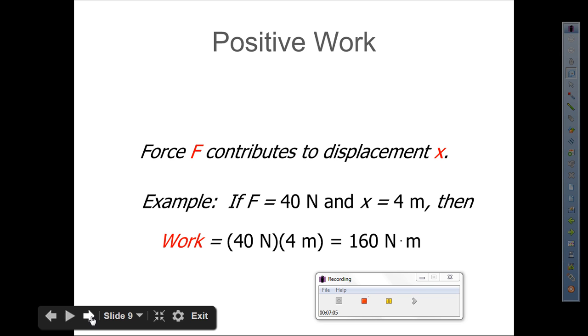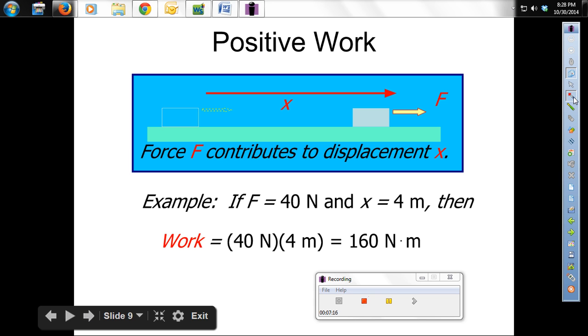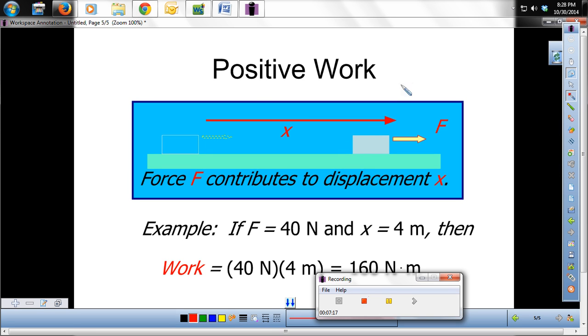Okay, positive work occurs when you apply a force in the same direction as the motion, because the angle between F to the right and D to the right, the angle theta is 0 degrees.